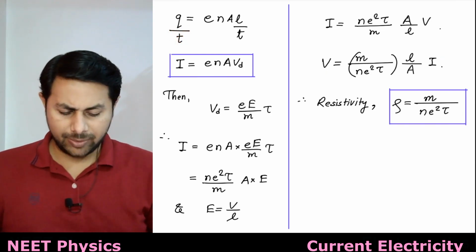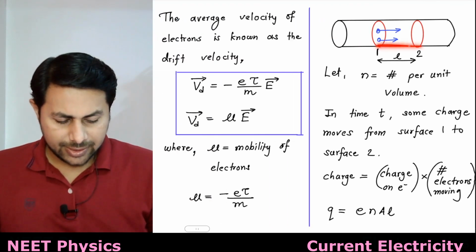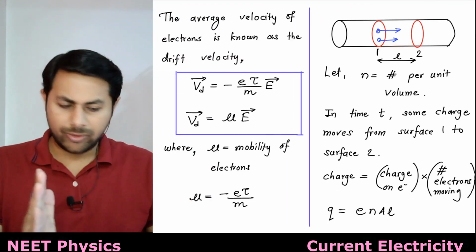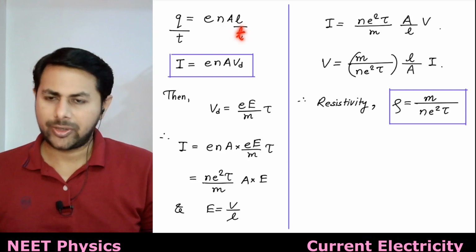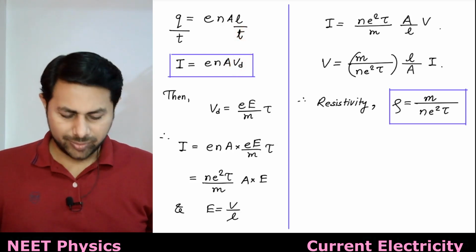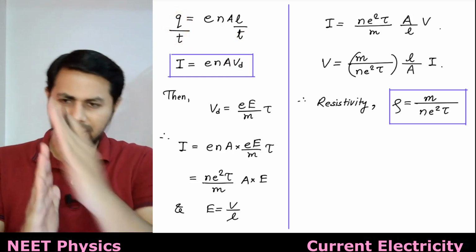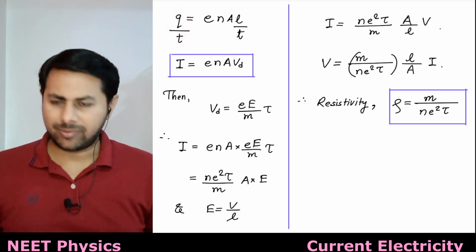If you divide by time, you get the length through which the electrons move divided by the time. And what's that? It is the average velocity of the electrons, the drift velocity. And what's Q by t? The charge crossing some cross-sectional area per unit time is the current.